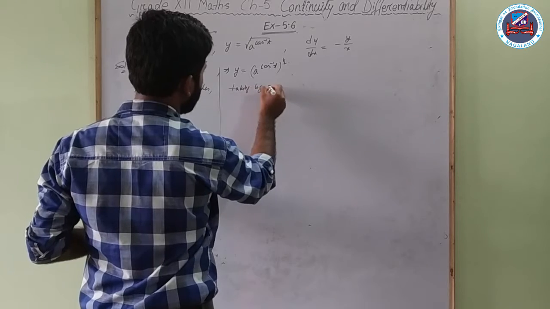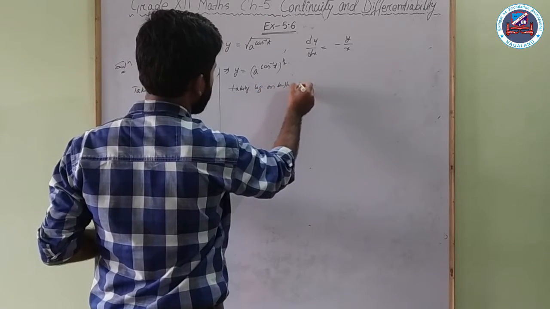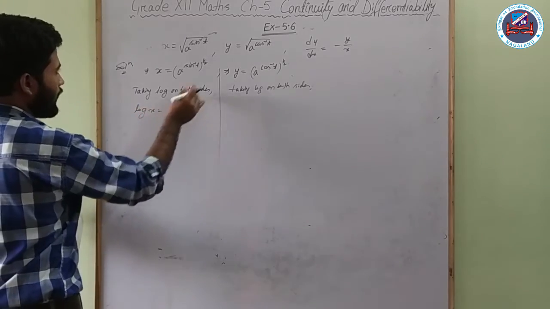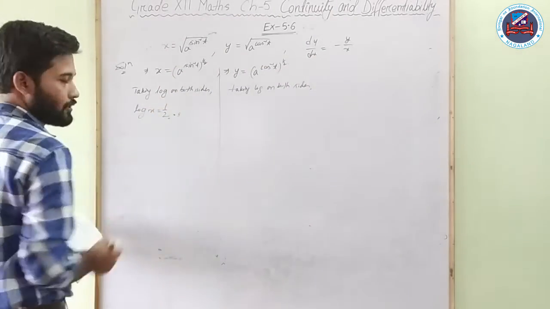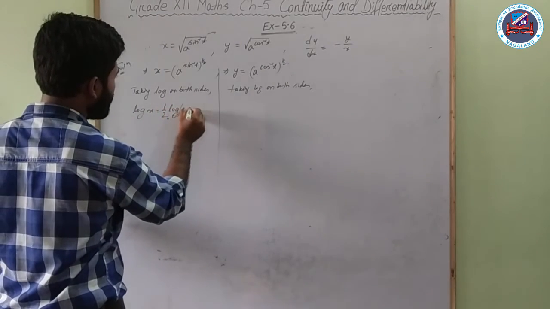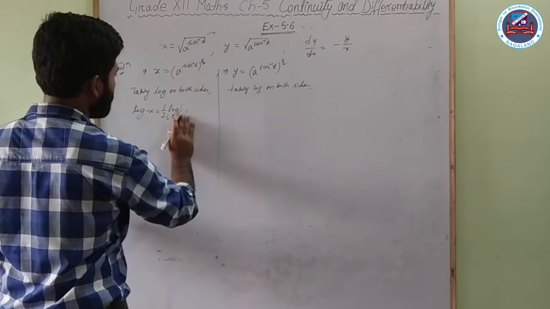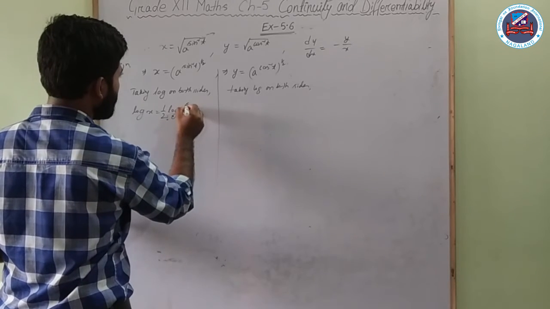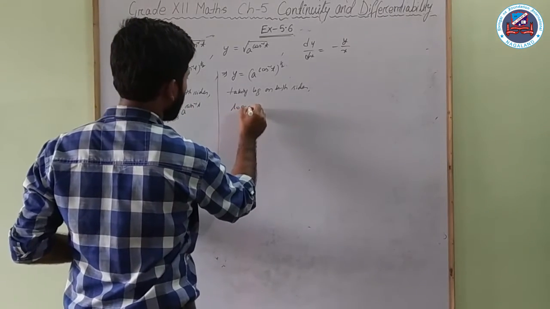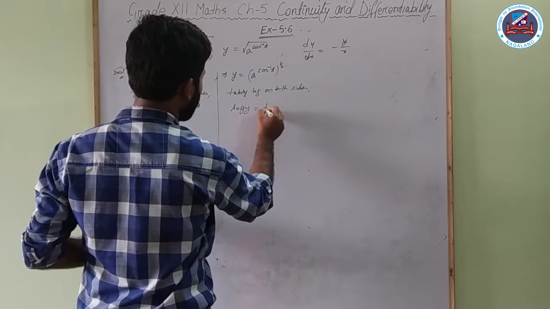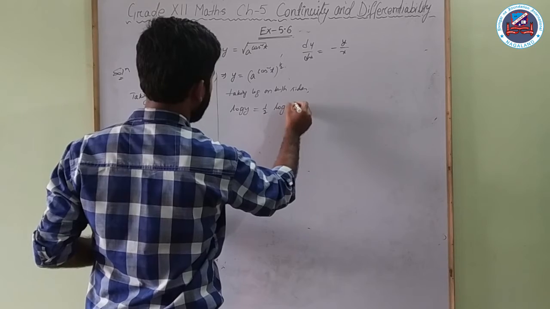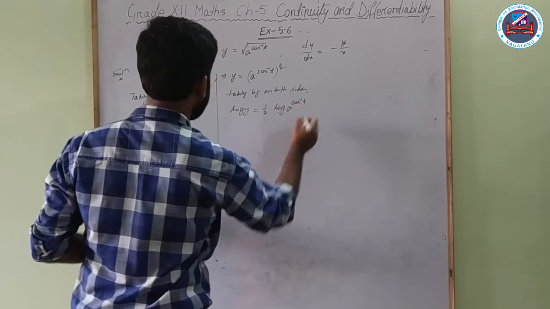Taking log on both sides, we shall have log x is equal to 1 by 2 log of a to the power sine inverse t, and here log y is equal to 1 by 2 log a to the power cos inverse t.